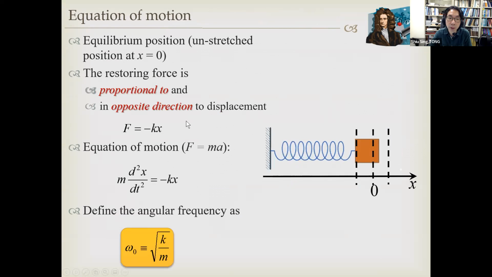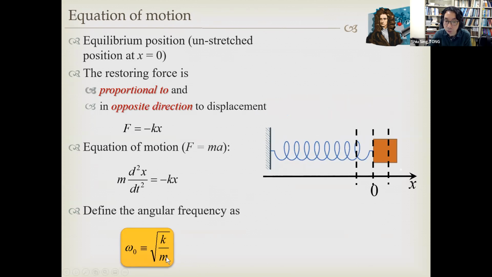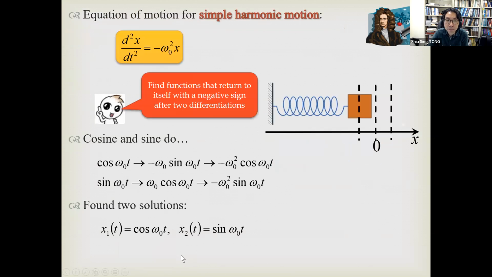We assume a mass tied to a spring, which obeys Hooke's law, and in this case the frequency omega naught of the oscillation is equal to the square root of k over m, where k is the force constant and m is the mass of the object.